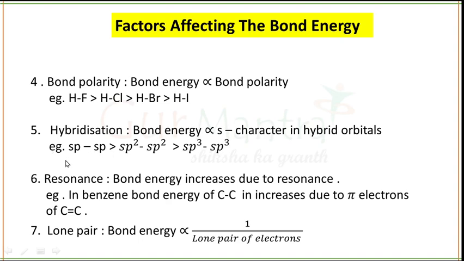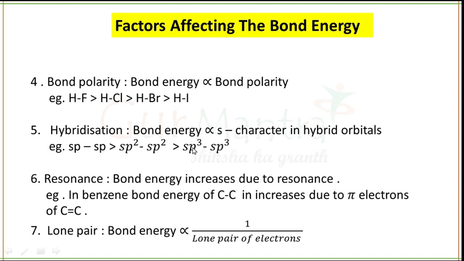As you know, the sp orbital has the maximum s character, that is 50% s character and 50% p character. So this has the maximum bond energy, while the sp2 orbital has comparatively less s character than sp, so it has lower bond energy, and the least bond energy can be seen in the sp3 orbitals.